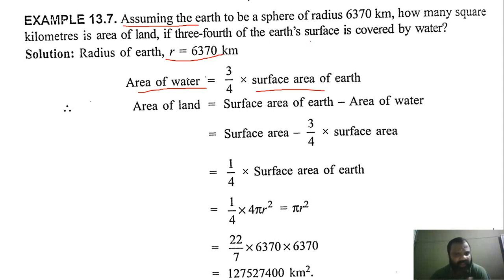Because we know that 3/4 of the surface area is water, so 1/4 of the area of the earth is land. So 1/4 of the surface area of earth, 4 pi r square, 4 cancels with 4 to give 1. So you get only pi r square, and put the value of pi and also r, and you get this answer after multiplying.